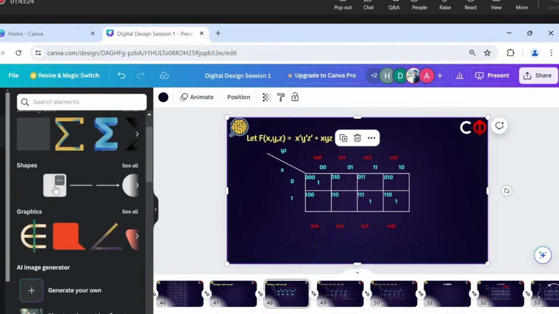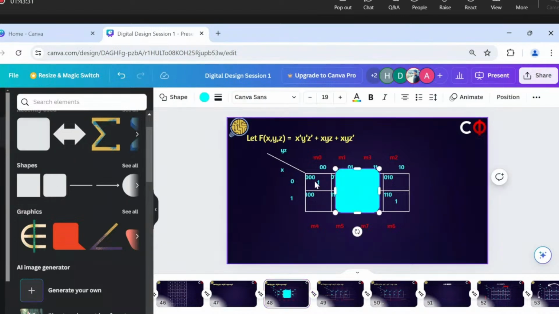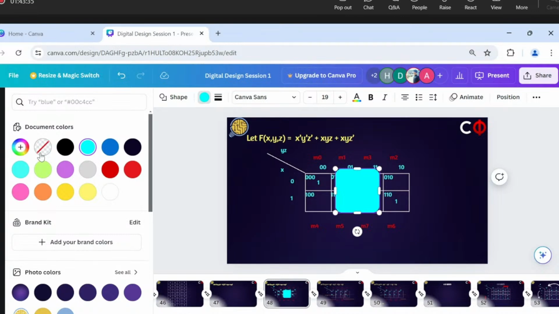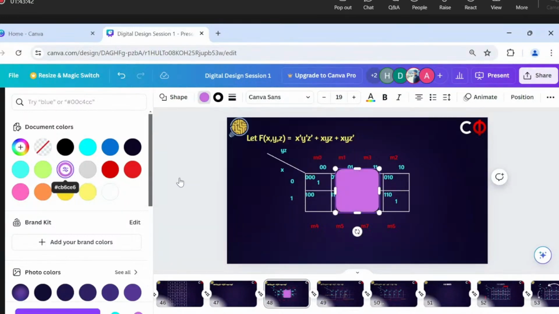First, wait, I'll just copy this rectangle from here. I don't want color, so I'll go no color. I need a border so that you guys will be able to see. And we'll put that border in say purple. Purple border and no color.